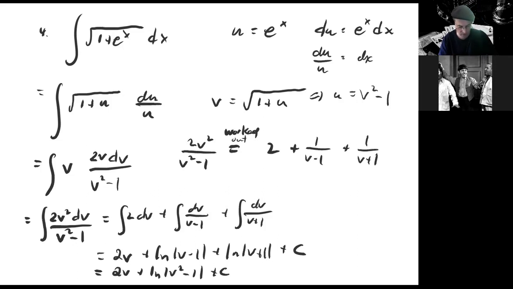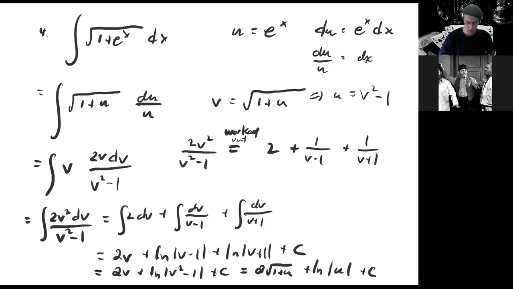In fact, I don't have to erase yet because u is v squared minus 1, and v is the square root of 1 plus u. So this becomes twice the square root of 1 plus u, that's the first term, 2v. And the second term is ln absolute value of v squared minus 1, which is u, plus c.